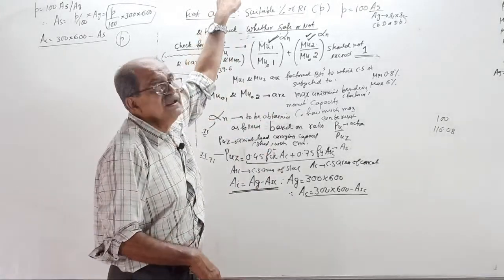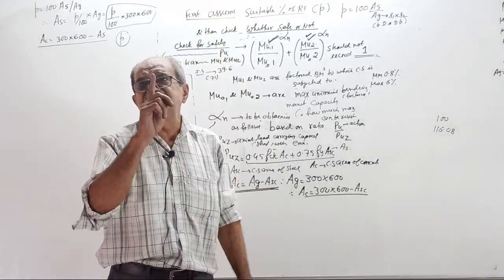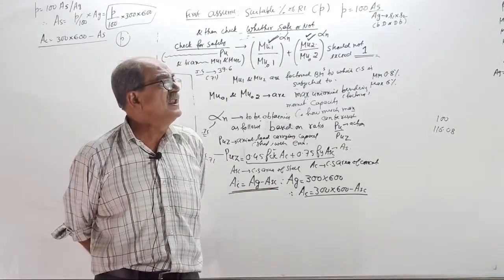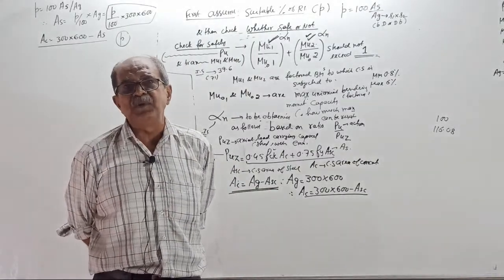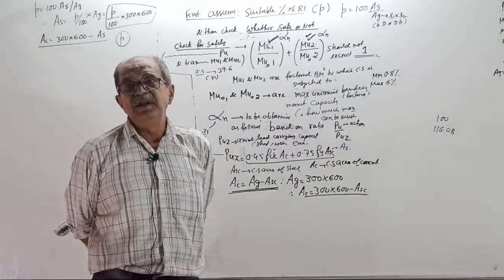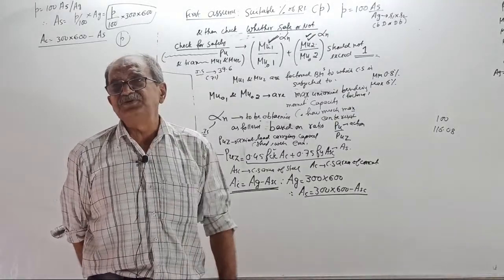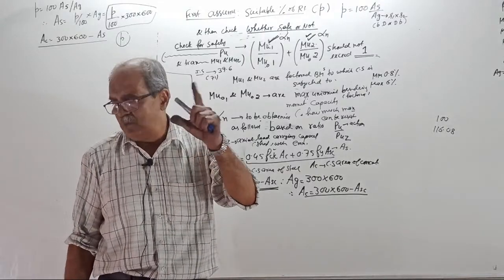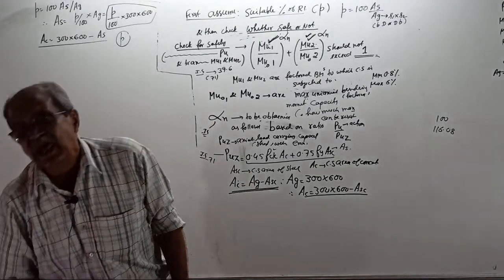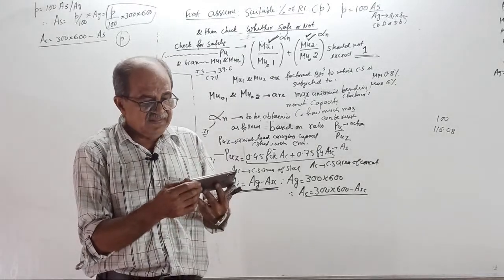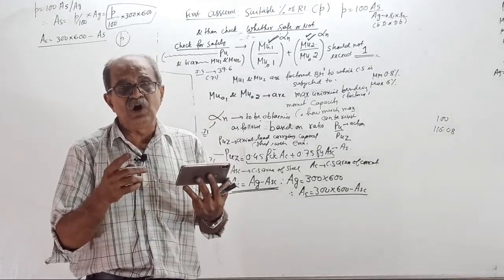Tell me, a design is the best design, if you can make the ratio exactly one, not possible. So a design will be very economical and also safe if you make the ratio how much, tell me? Very nearly equal to how much?